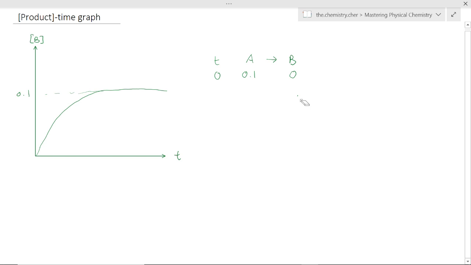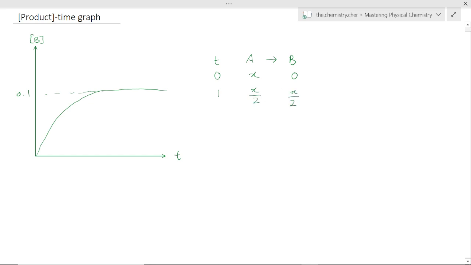So at time equal to 0, I'll have 0.1 of A and 0 of B. At the first t half, I will have 0.05 here, and 0.05 here. If I change these values altogether, I get x, 0, then half x and half x here.